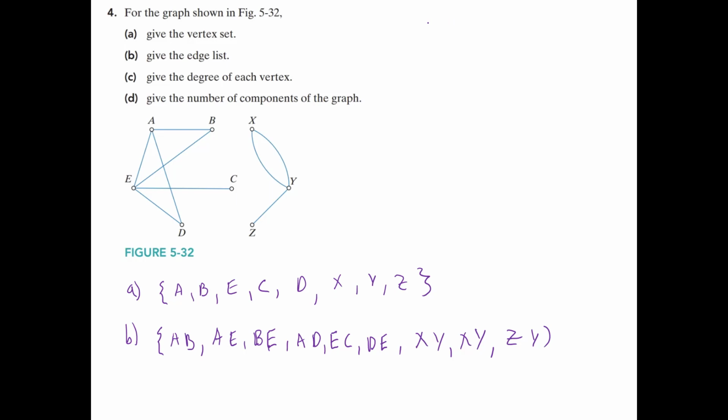So we have C, give the degree of each vertex. A: how many edges are touching it? 1, 2, 3. B, 2.